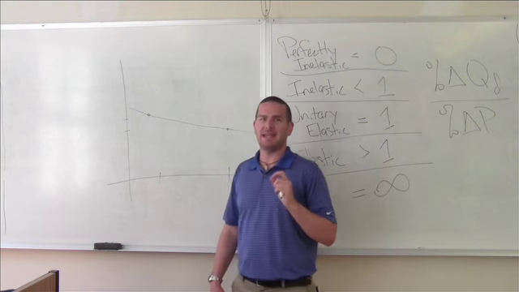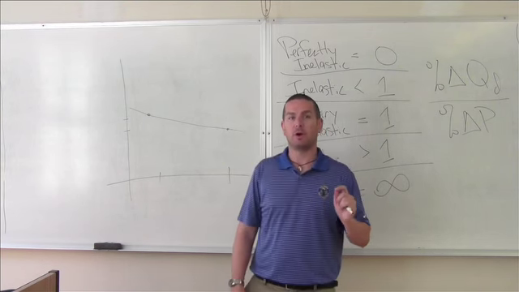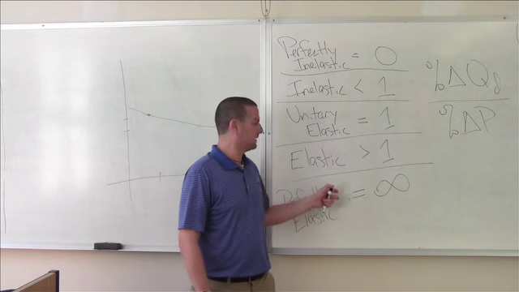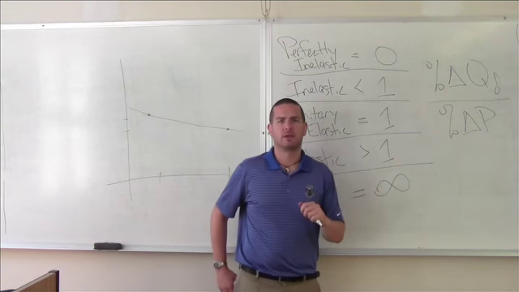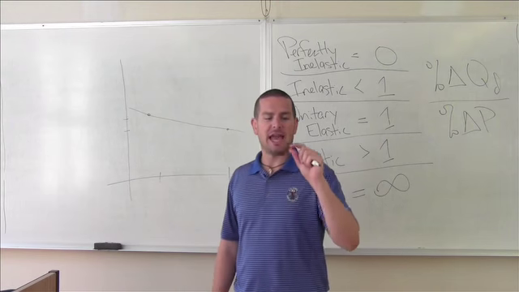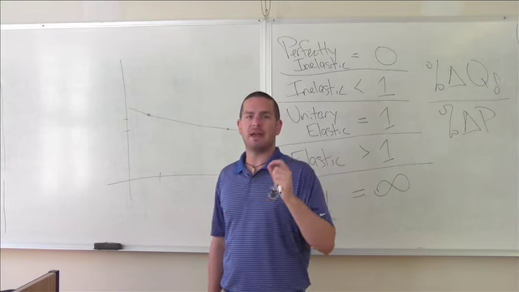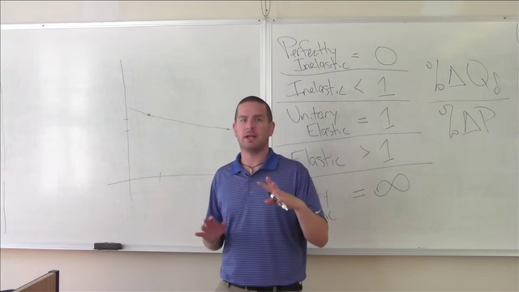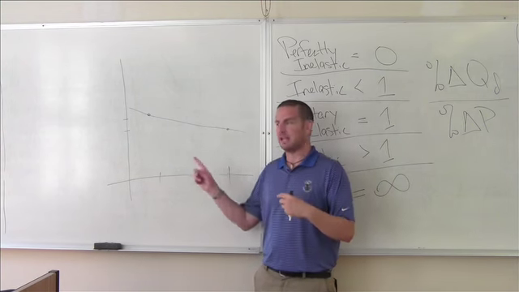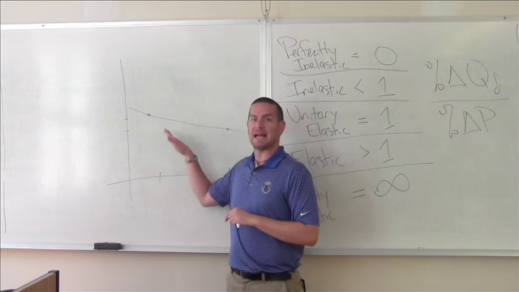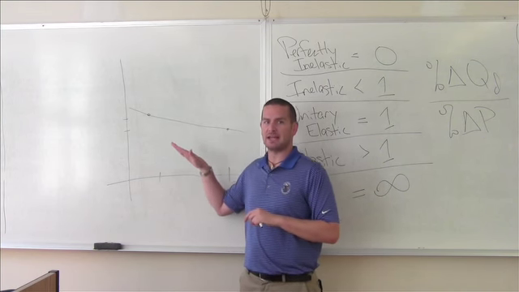And what we're going to be saying in there, with a perfectly elastic demand curve, is that if there's any change in price whatsoever, all of the demand will vanish. And you can sort of see it right here. This is still elastic. It's not perfectly elastic.